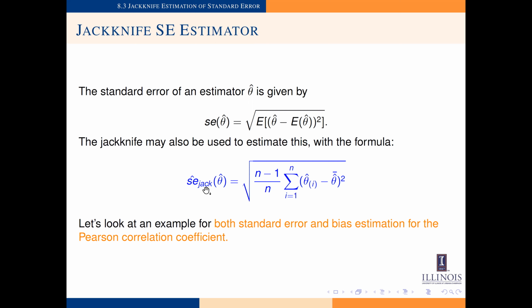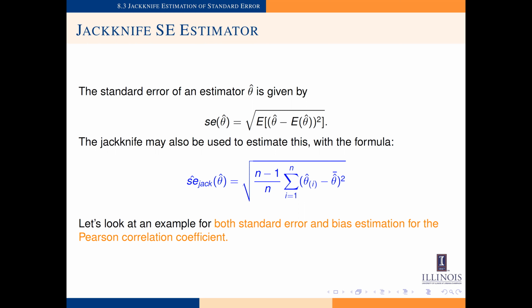The jackknife standard error estimate for theta hat is given by the square root of n minus 1 divided by n times the sum of the square deviations between the leave one out estimators and theta hat bar, which is the sample mean of these.